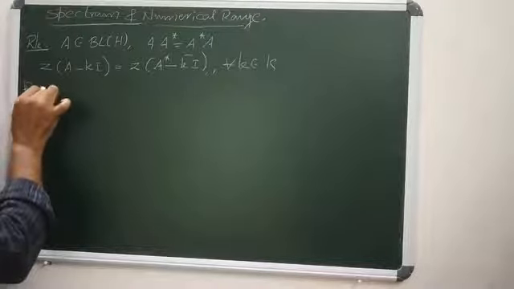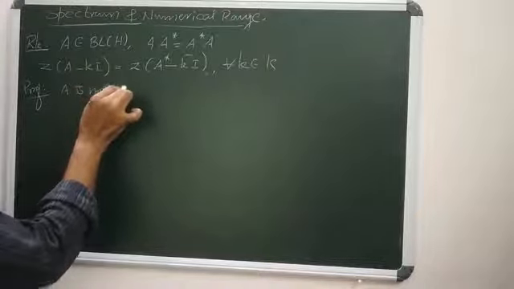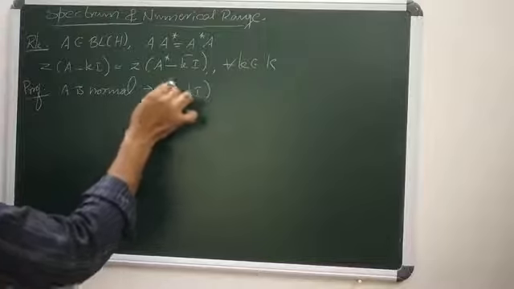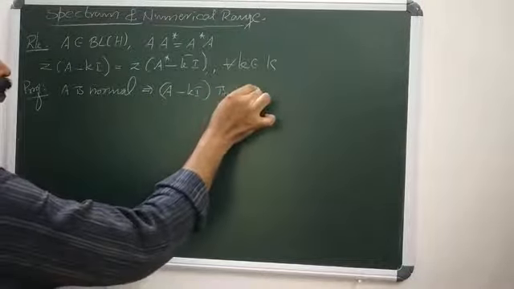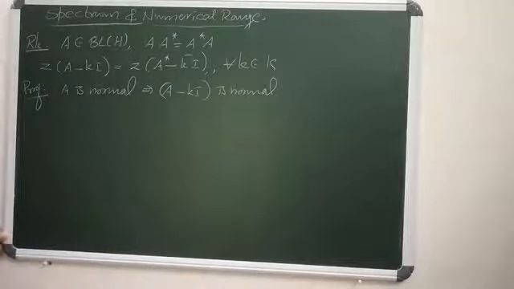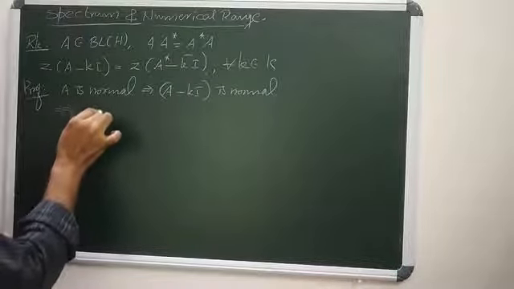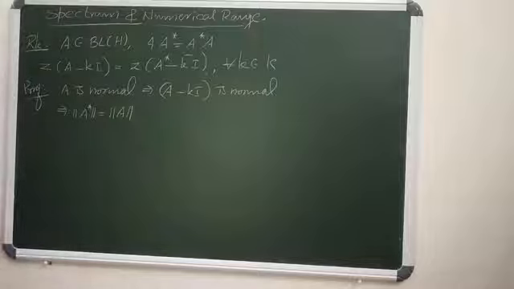So the proof: A is normal. Then A minus k is also normal. A is normal also implies norm of Ax equals norm of A*x.